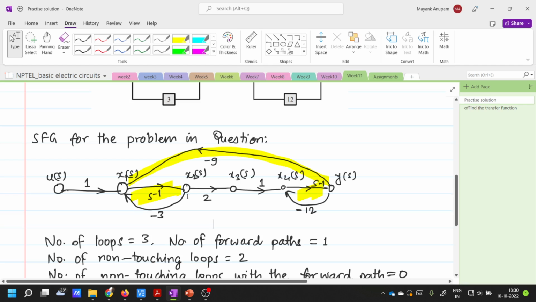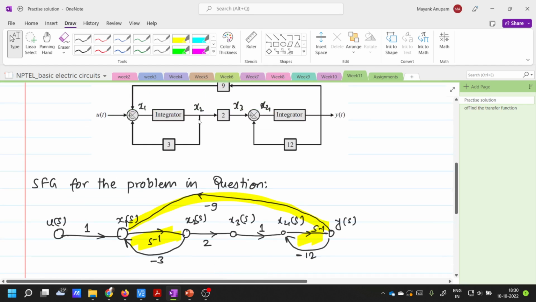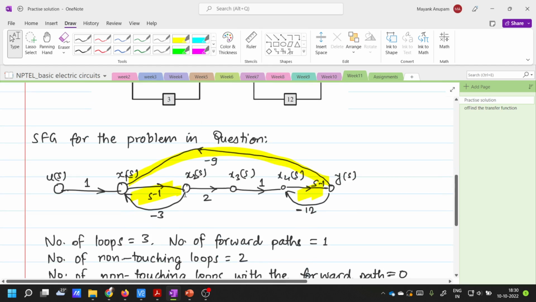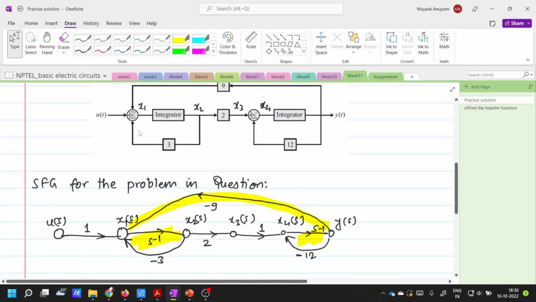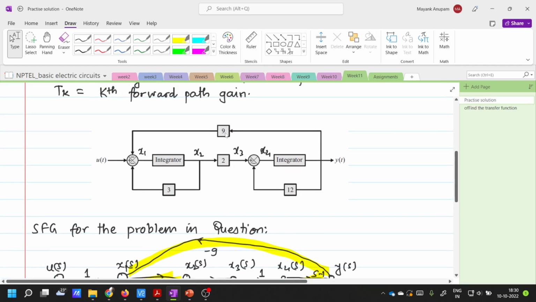Basically this x2 is multiplied by 3 here and subtracted here, so we have represented it as x2 multiplied by -3 here and then added here, okay? These two mean the same thing. Similarly, this y of t here is multiplied by 9 and then subtracted here.